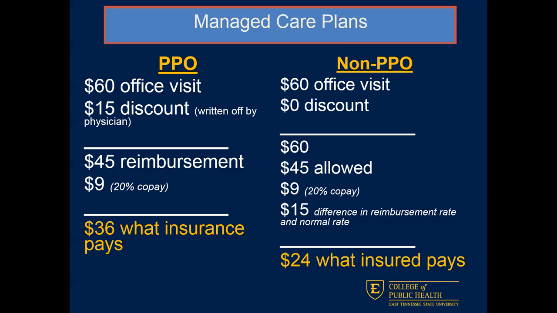So you get that from the 60 and the 45. So you are going to end up paying, as the insured person, $24 versus your $9 if you were to stay in network. You will be paying $24 because there was no discount negotiated with your non-network provider here.